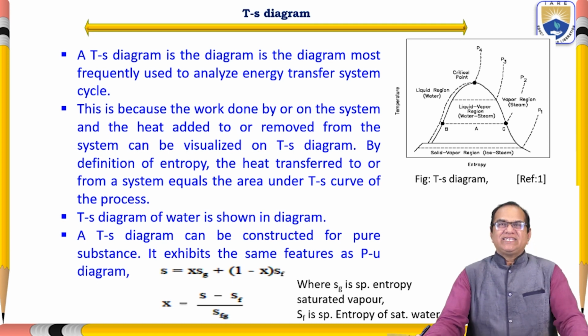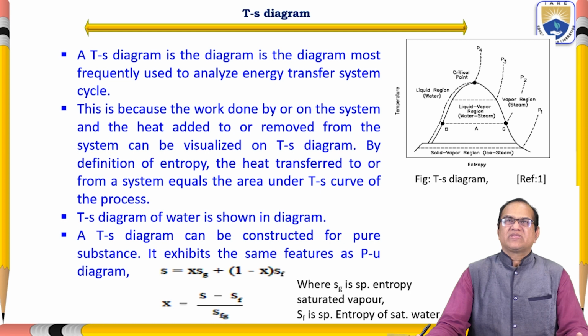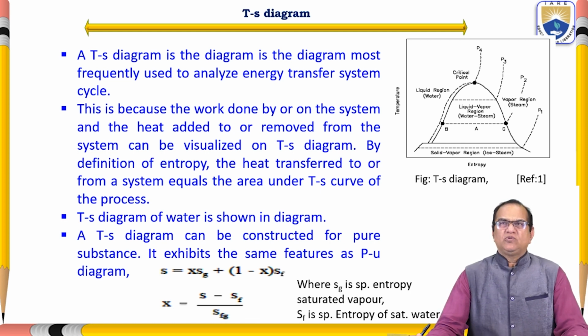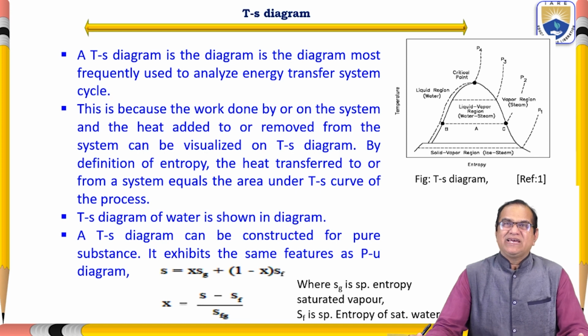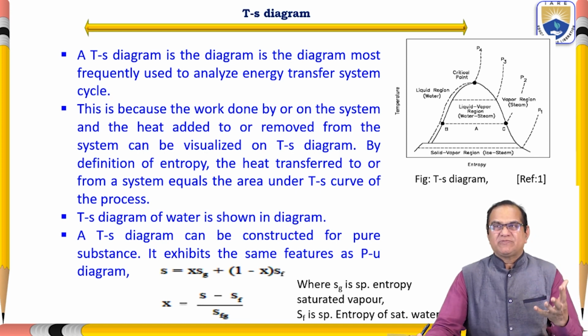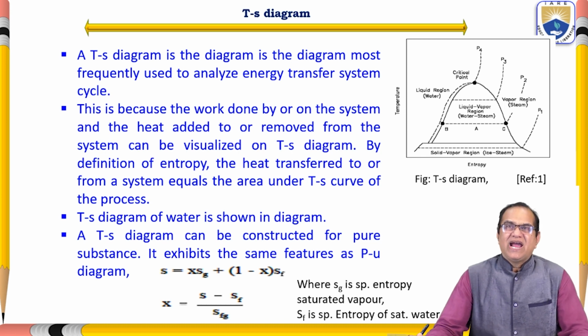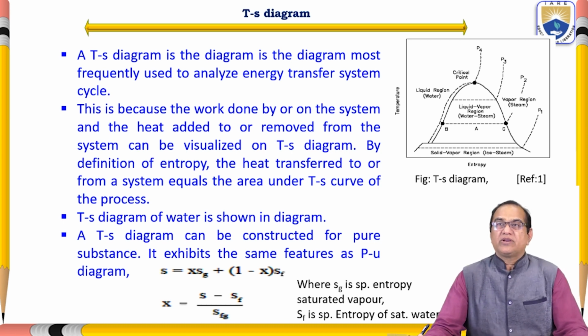So a TS diagram is the diagram most frequently used to analyze energy transfer system cycles. So it is used to find out energy transfer, in which direction energy is moving. This is because the work done by or on the system and the heat added to or removed from the system can be visualized on a TS diagram.